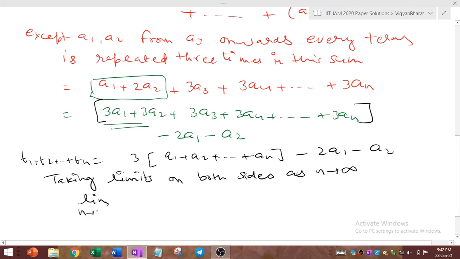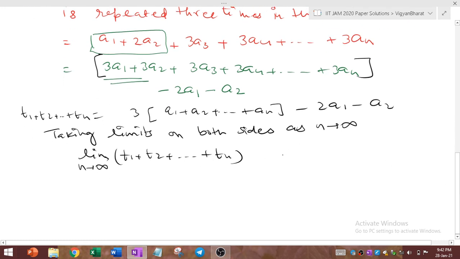The limit as n tends to infinity of T1 plus T2 plus up to Tn is the same as the limit on the right hand side, which is the limit as n tends to infinity of 3 times A1 plus A2 plus up to An, minus twice A1 minus A2.